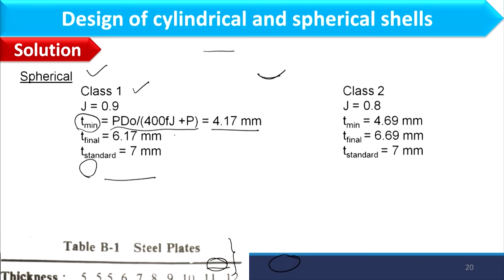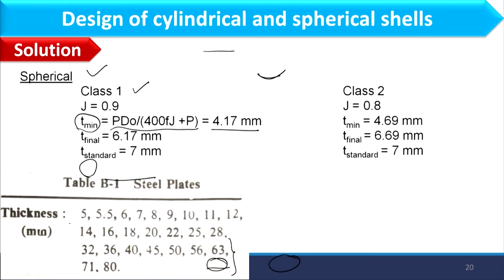Now, the next value available in table B1 is 7, so 7 I can take as standard thickness. In a similar way for class 2, minimum thickness is 4.69, adding corrosion allowance we have 6.69, and further 7 we can take as the standard thickness of a spherical vessel for class 2.